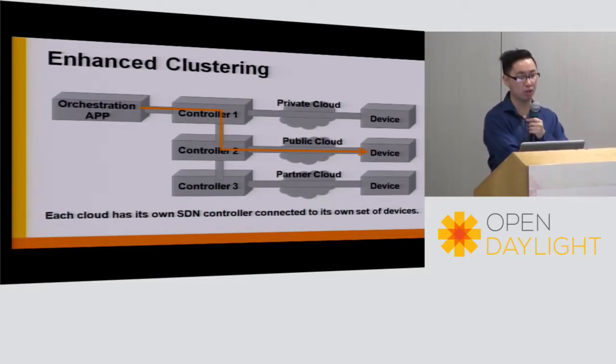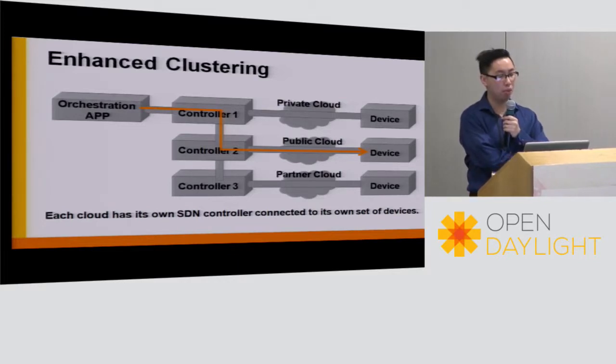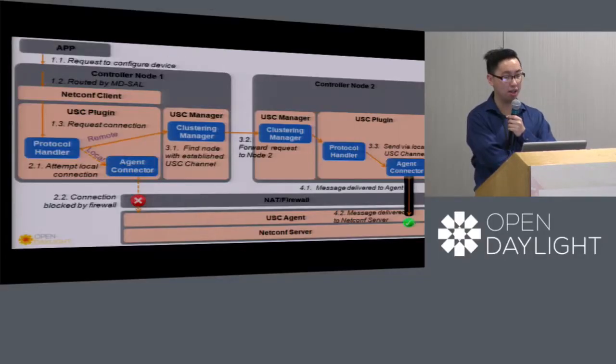what USC can do is, no matter where the message is sent by the orchestration app, USC will determine if the device is already connected to this controller, or if it needs to reroute to a remote one. It determines, oh wait, I can't actually reach this device.